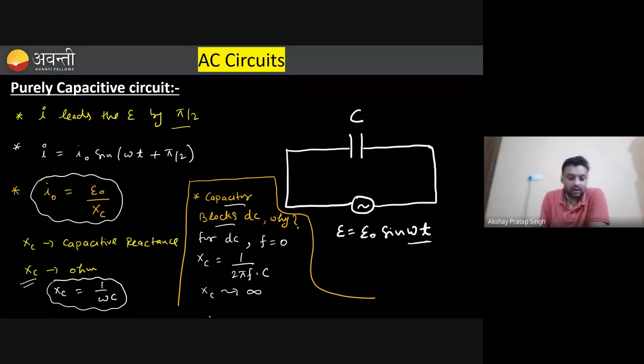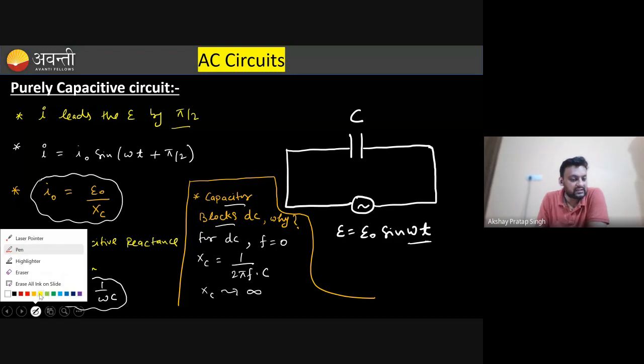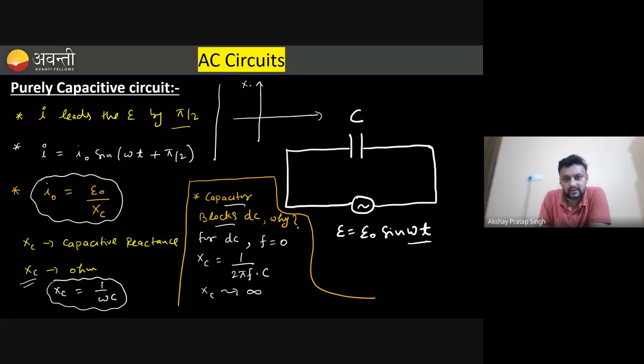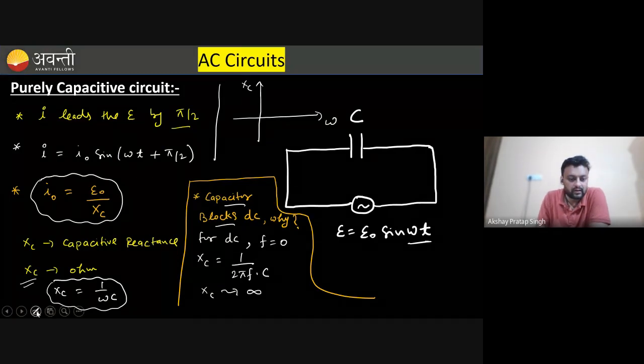Clear? Now, what will be the graph of XC versus omega? Can anyone answer? The next punchline is: what will be the graph of XC versus omega? Here, this is the XC versus omega graph. Can you see that XC is reciprocal to omega?